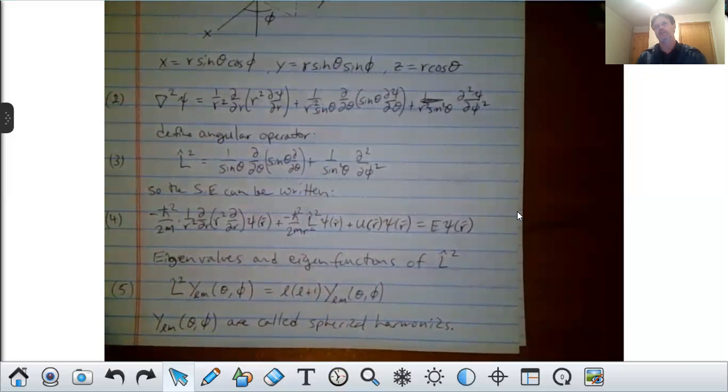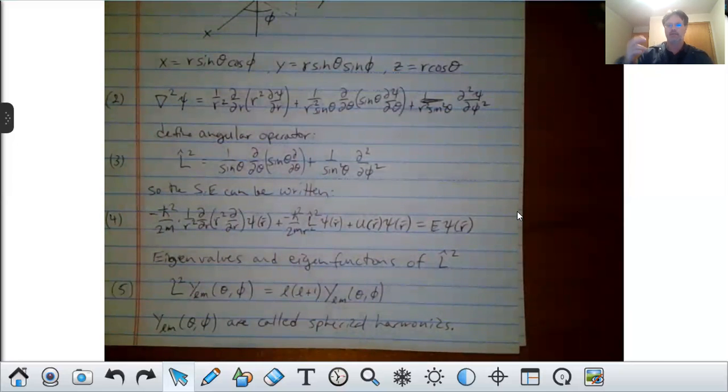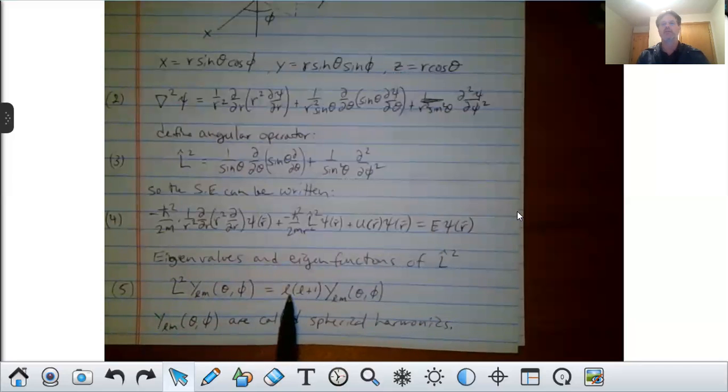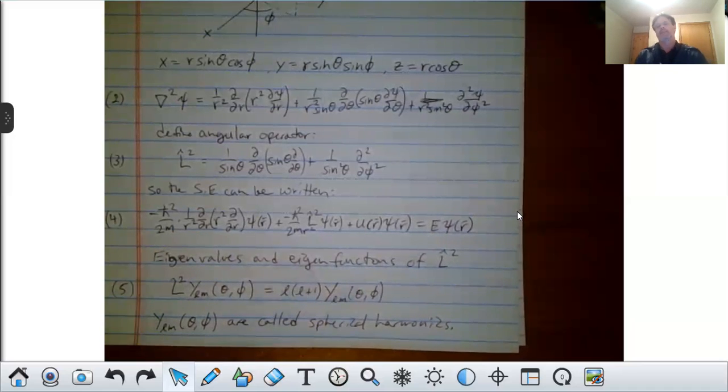If you've ever studied chemistry, you may know that the electrons around an atom exist in certain shells, and one of the quantum numbers that describes the shell is this angular momentum quantum number L. Also, M is another quantum number, called the magnetic quantum number, that only really comes into play when you have a magnetic field applied to your atom. But this is where those quantum numbers come from. They come from solving the Schrodinger equation.